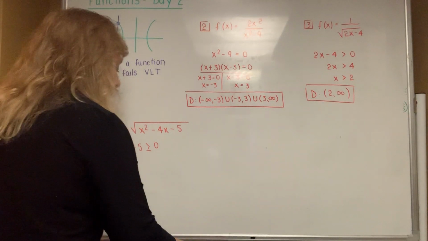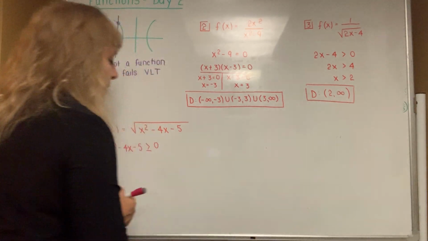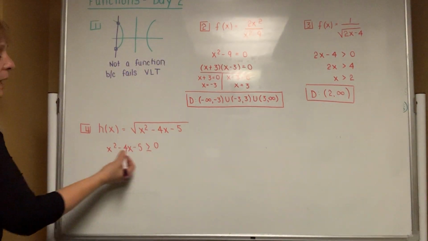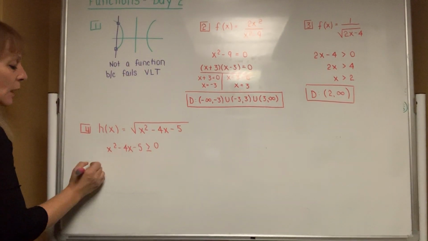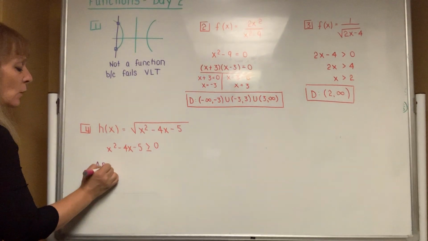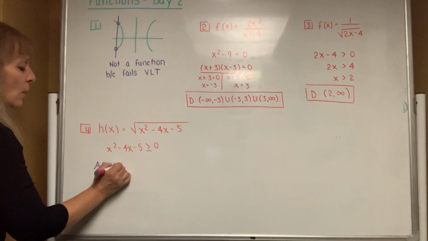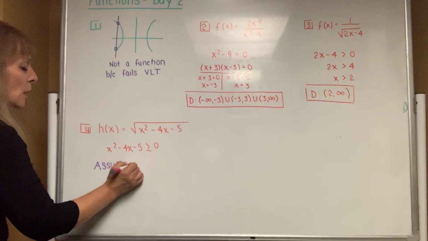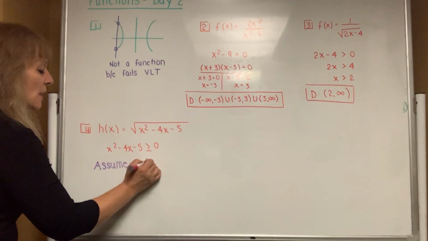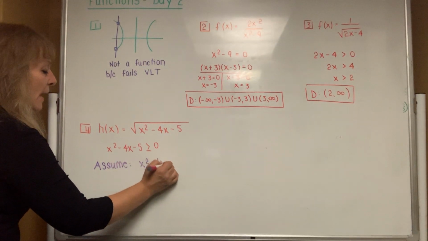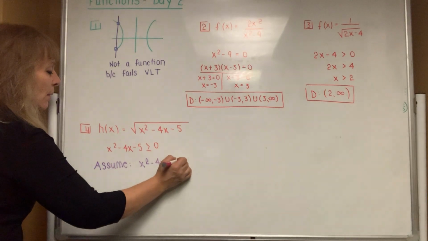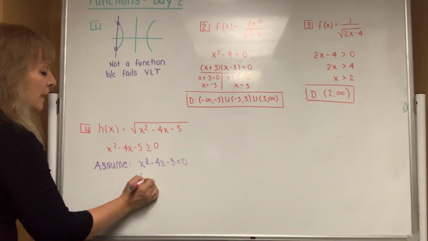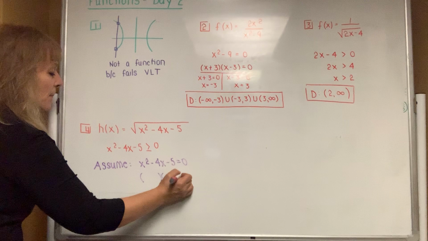But we have gone over this in a previous unit. You can't solve a quadratic inequality directly; you have to assume that you are looking at a quadratic equation. So your quadratic equation is x squared minus 4x minus 5 equals 0. You should all be okay with factoring this.